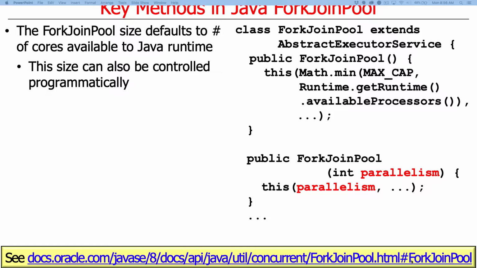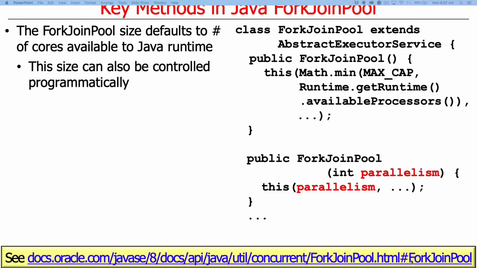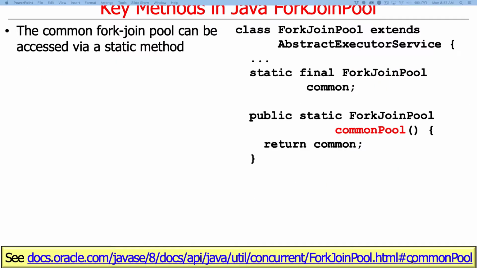So imagine you had 4 cores on your machine and you wanted to make sure a couple of the cores were available for other things. You might restrict the parallelism in a ForkJoinPool to something less than the number of cores because you want to preserve some for other uses or other programs. So it's pretty common that you would use the default constructor here, not this one. But you can. It gives you the opportunity to do that.